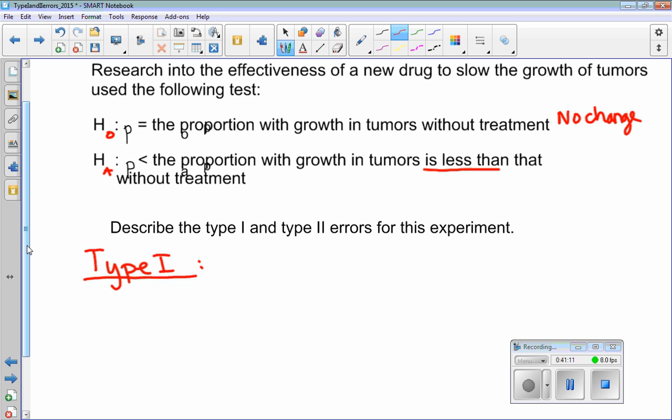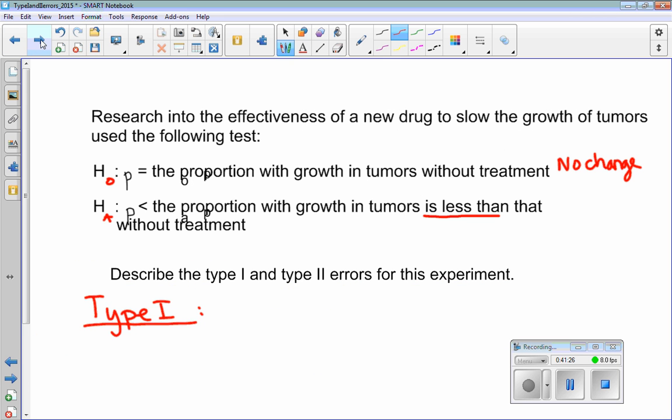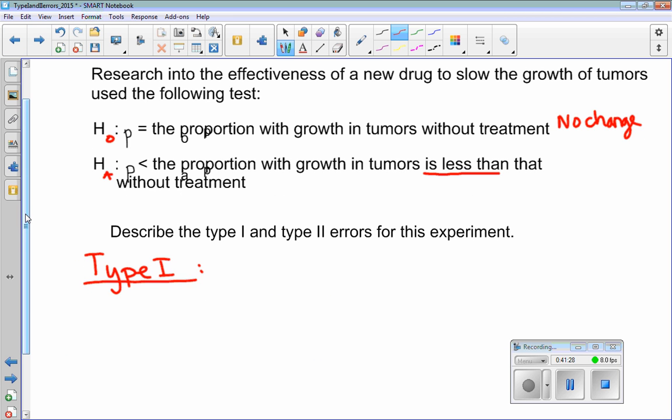I say that there's no change, the drug does not affect the growth. But it does. Does that make sense? Let me say that again. So look, we reject the null when it's true. Okay, we reject the null. We say we reject the null, but it's true.